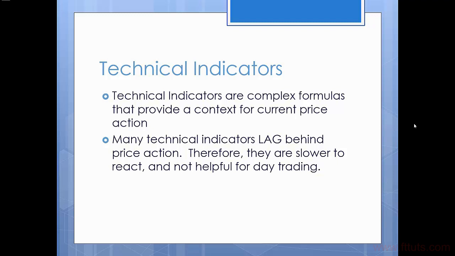So we can't rely on technical indicators to give us our entry and exit signals. There are certainly some systems and some traders that have tried to rely on a red light, green light type of indicator system where, whenever something meets this formula, they buy, and whenever it's like this, they sell.